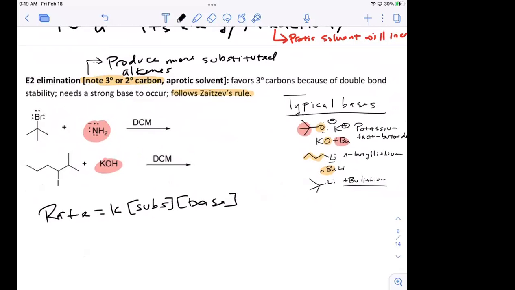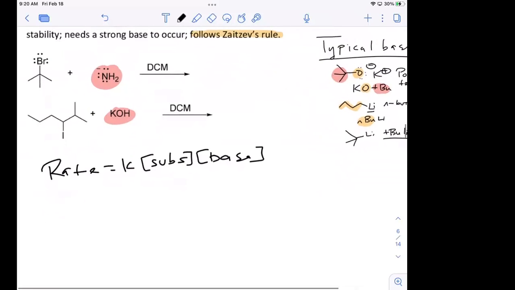So just like for SN2, when we think about what can help speed up the rate of that reaction, for SN2, better nucleophiles are going to speed it up. Better leaving groups are going to speed it up, because the nucleophile coming in and the leaving group leaving both have an effect on the rate. So with the E2, better bases increase the rate of reaction.